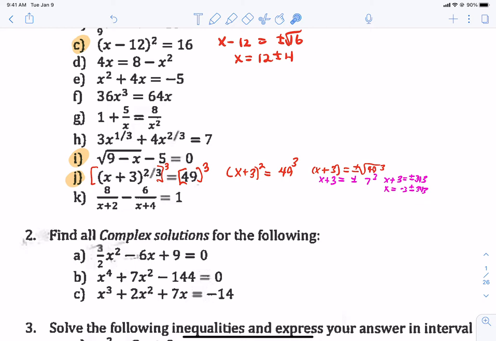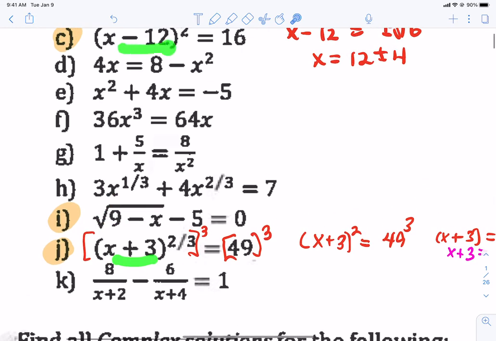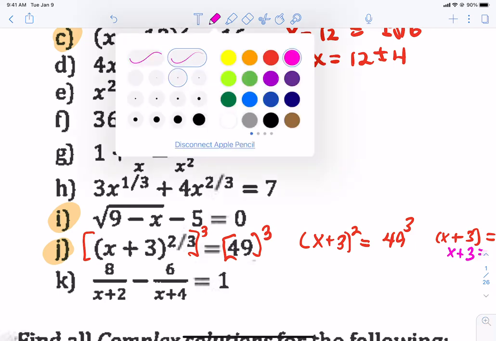Now, part I, the reason I say that it's similar to the ones we just saw is that we have this piece here that, if we get it by itself, similarly to the C and the J problem, we'll be able to solve it. So let's think for a moment.